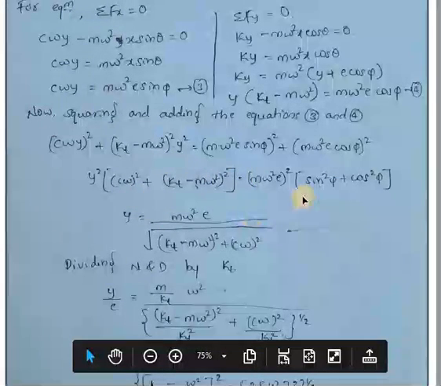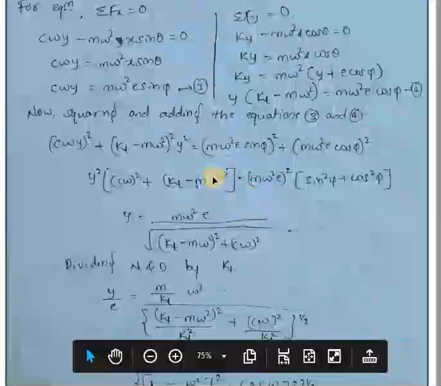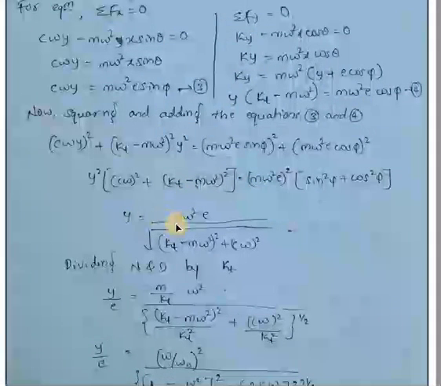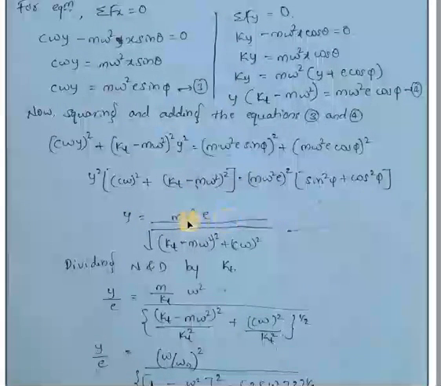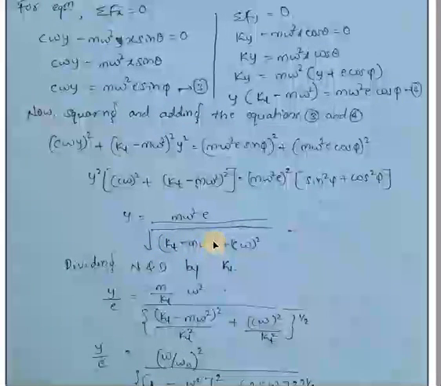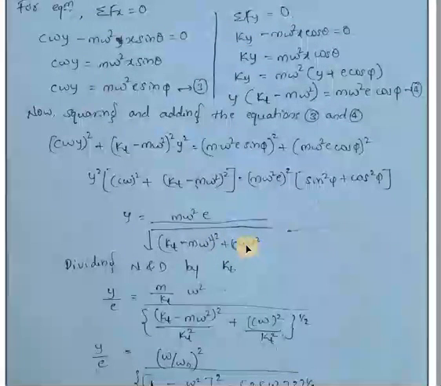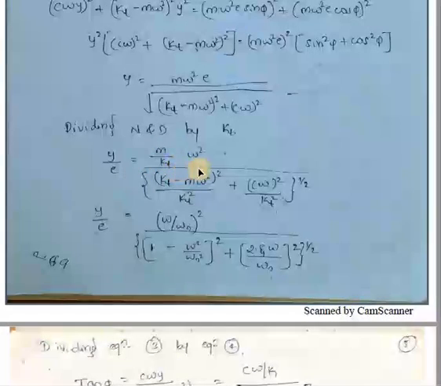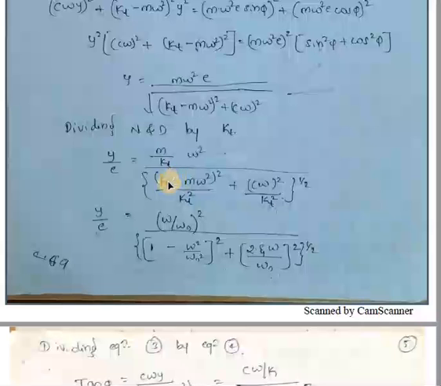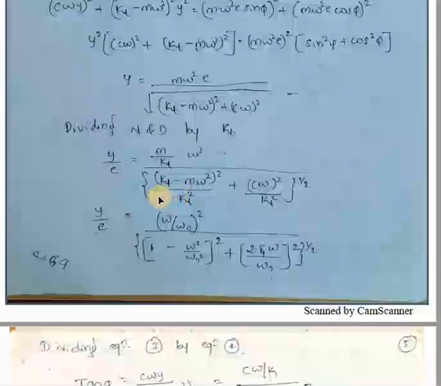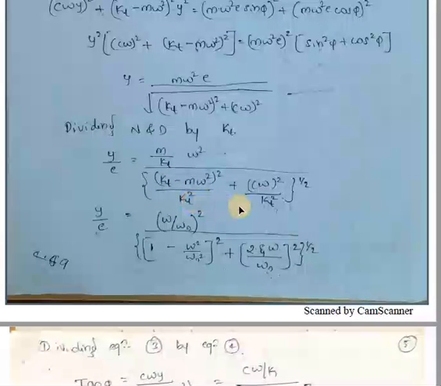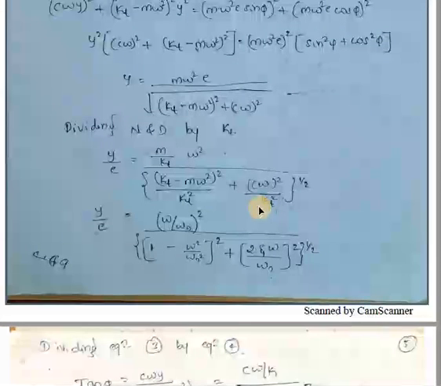In this equation, simplify for y. So y equals m into omega square into e divided by root of (k minus m omega square) whole square plus (c omega) whole square. Now dividing the numerator and denominator by k, you will get y by e as (m by k) into omega square, divided by the root, where it will be k square.